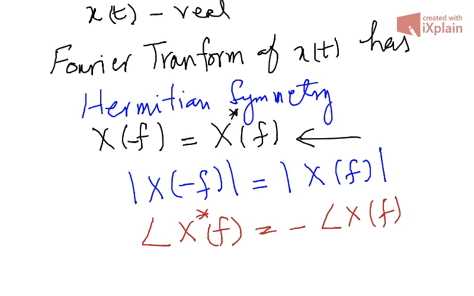So we just saw the phase response of this signal x of f for our real signal, which is like this, right? So this is for x of f. If you take the negative of this, all the positive values will be negative and the negative values will be positive. So if we want to draw the negative of this one, you draw it like this.